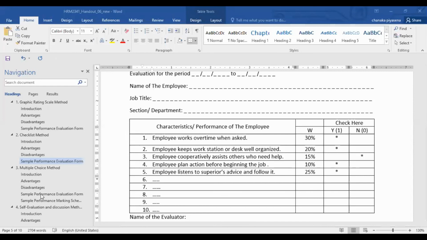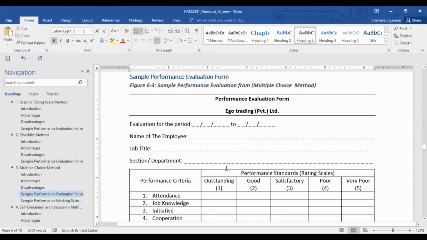For example, this is a performance evaluation form using the multiple choice method.